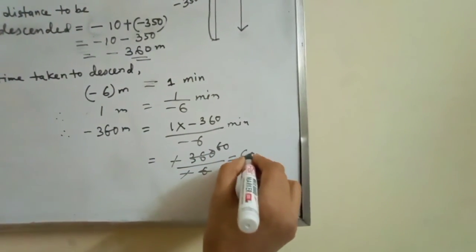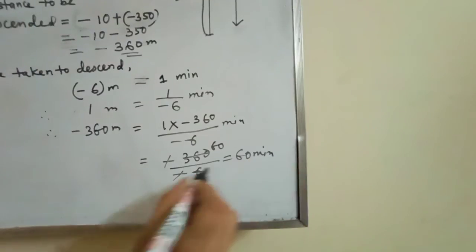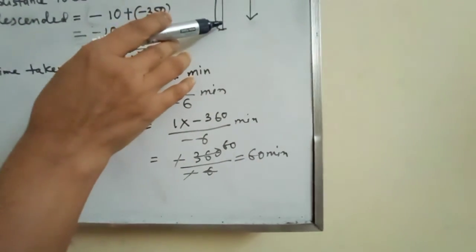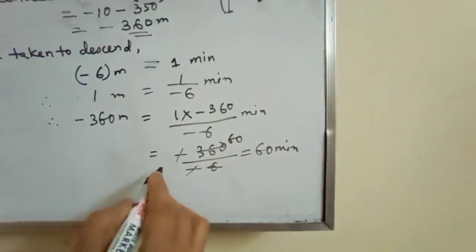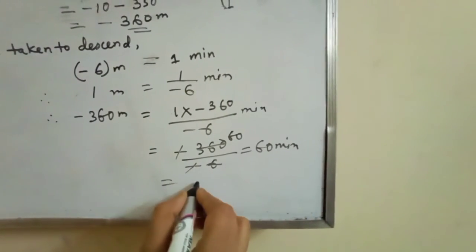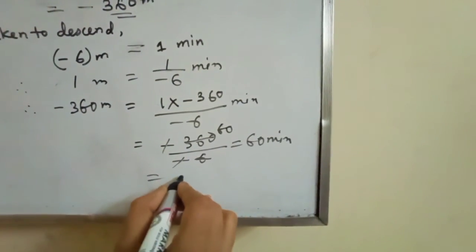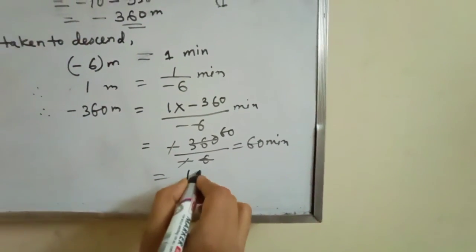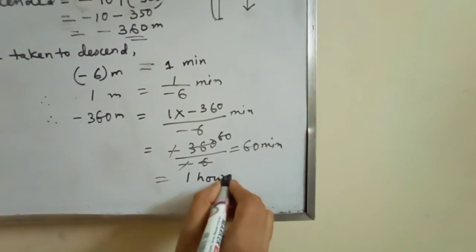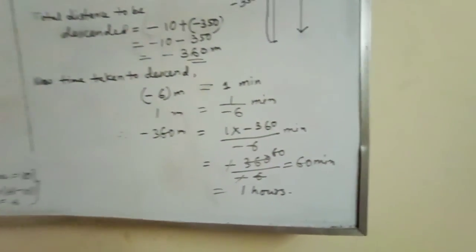So 6 minutes. How much time will it take to reach minus 350 meters? It will be 60 minutes, or you can write directly 1 hour also. I hope all of you understand. Thank you, students.